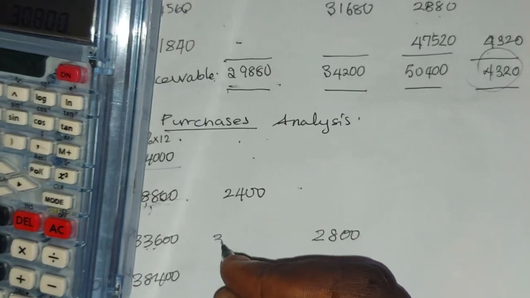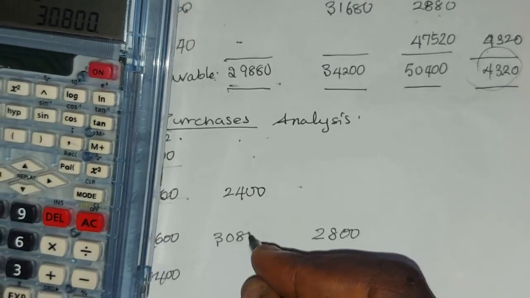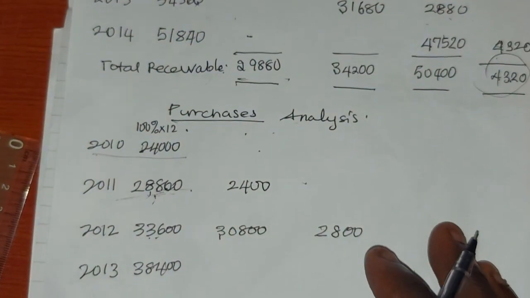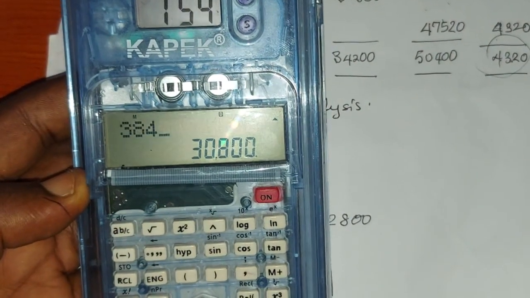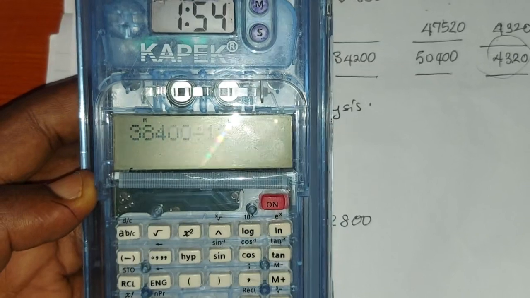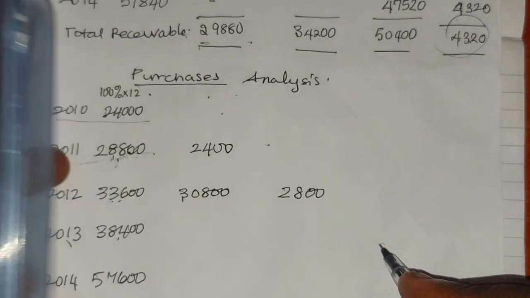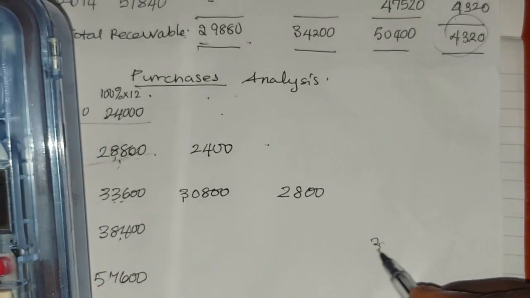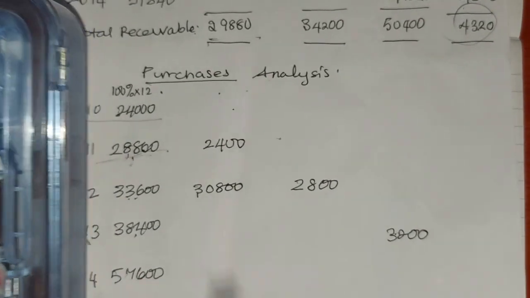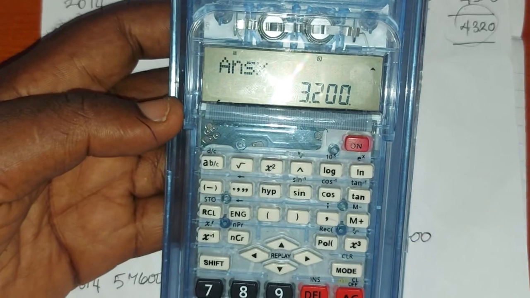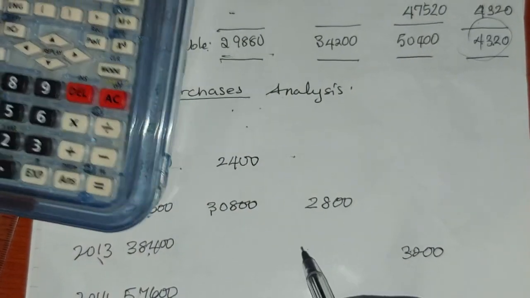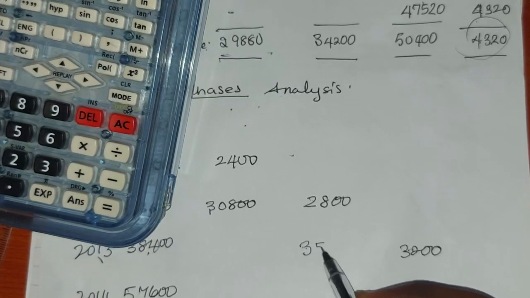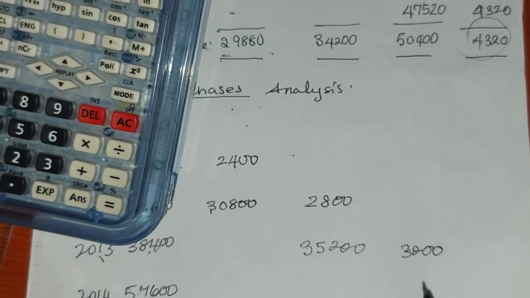That is 3800. Okay. Then we have 38400 divided by 12. So the one of December 2013 will be paid in 2014, okay, which is 3200. Then the balance, that is times 11, must have been paid in that year of 2011, 35200.